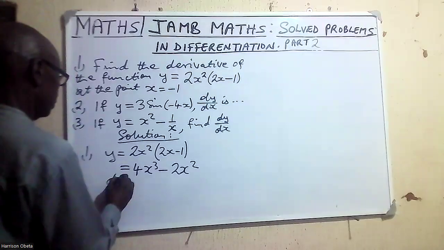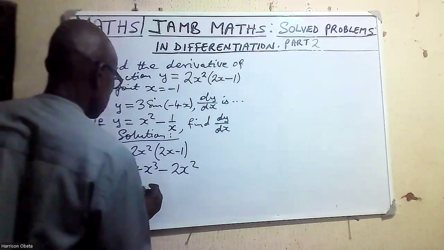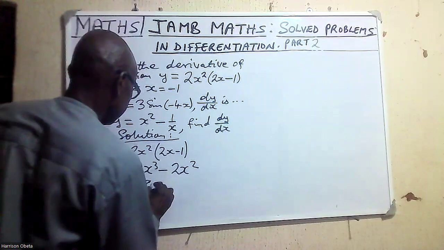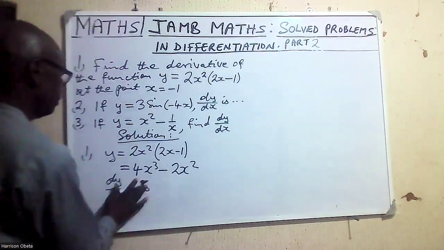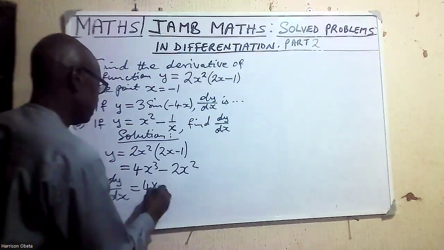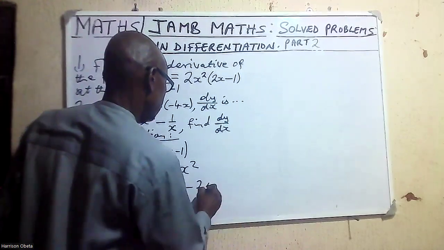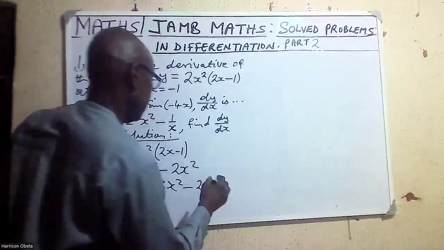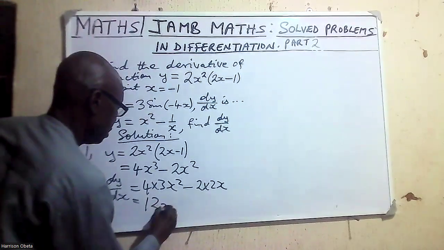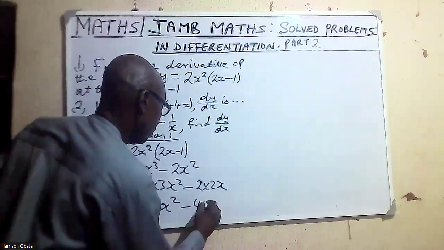So the dy over dx will give us 12, that's 4 times 3x raised by 2 minus 2 times 2x raised by 2 minus 1. That is 12x squared minus 4x.